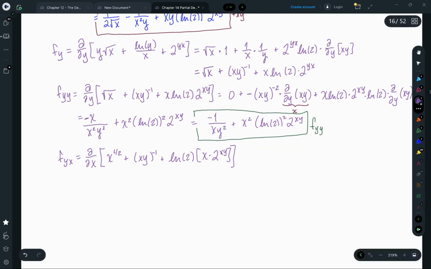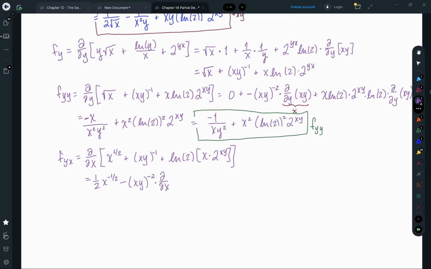Okay. All right, let's go and run this del x through. For the first term, I get 1/2 x to the negative 1/2. For the xy to the minus 1, I have a chain rule, so I'm going to use the power rule first, minus, in parentheses, xy, raised to the minus 2 times del x of xy, plus ln of 2, and now here's my product rule.